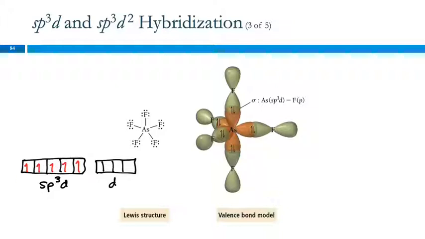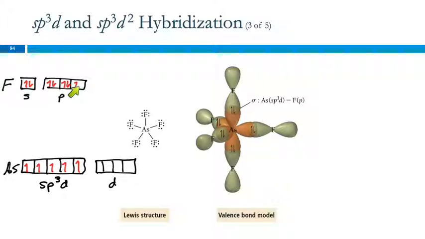And so for the fluorine, we're assuming fluorine does not hybridize. So fluorine's going to look like this. So, I should label that. This is fluorine, and this is arsenic.